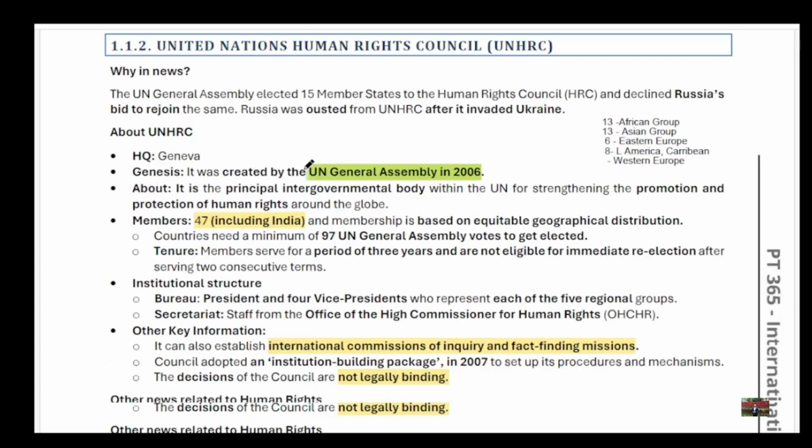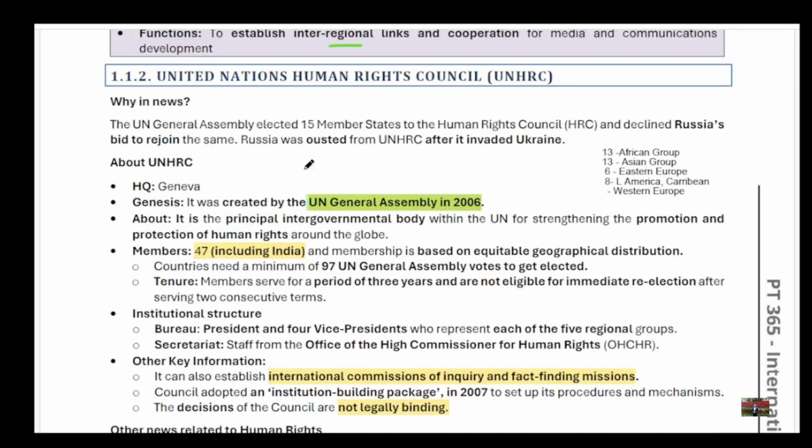UNHRC, the United Nations Human Rights Council, is an arm created by the United Nations General Assembly of 193 countries.